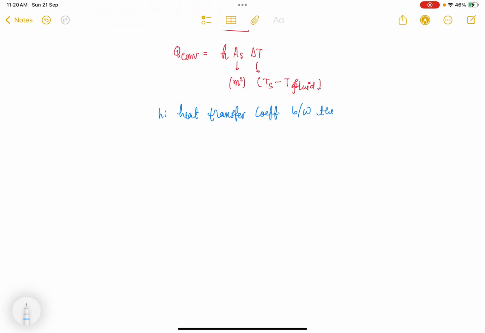between the solid surface and surrounding fluid. All right.